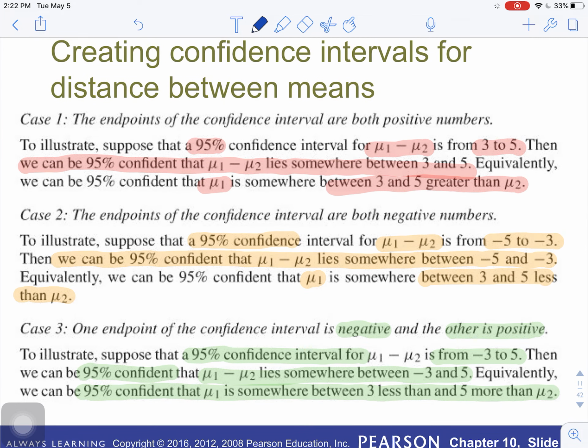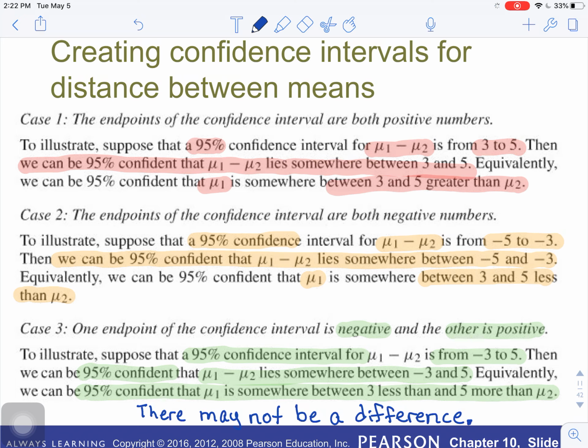When you actually get to something like this last one, this means that there may not be a difference. There may be no effect.